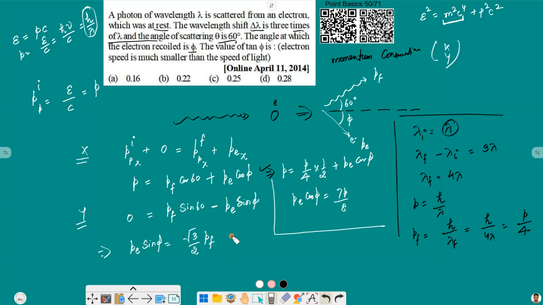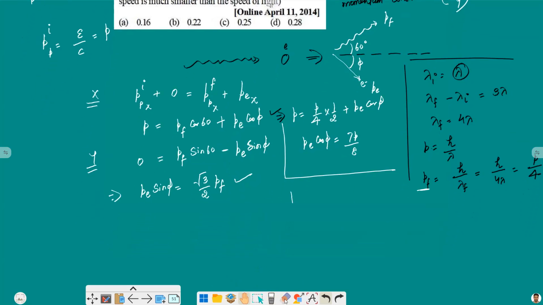And also we can substitute the value of PF here in this one. So this becomes PE sine phi is equal to root 3 P by 8. So we have these two equations, first one and second one, divide both of these two.